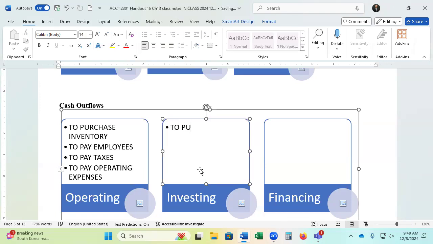Investing would be to purchase investments, to purchase PP&E, property, plant, and equipment, to purchase intangibles.